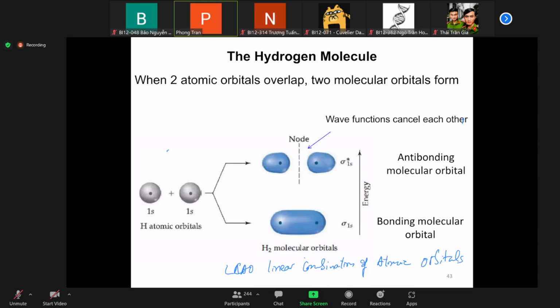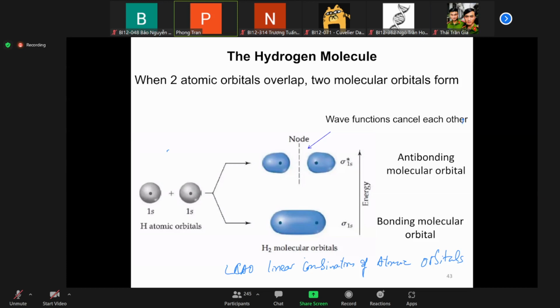That means when you have two hydrogen atoms approaching to make a molecule H2, in valence bond theory we say the two orbitals overlap to create the sigma bond.